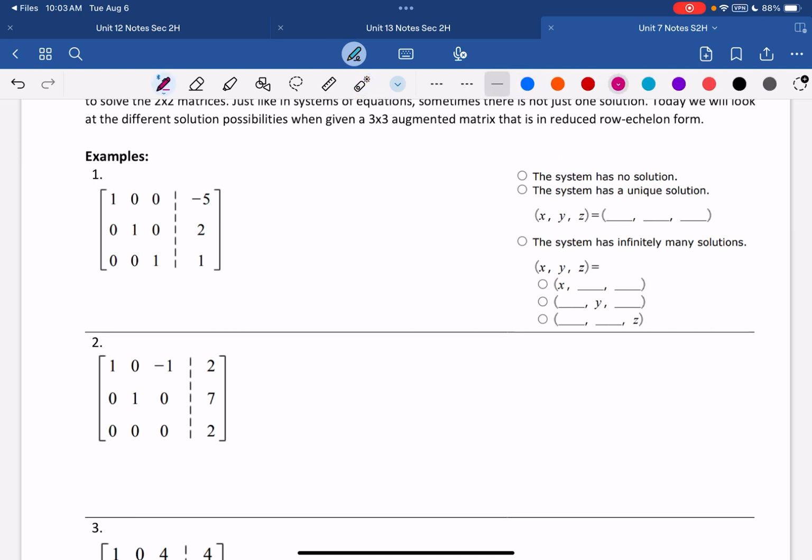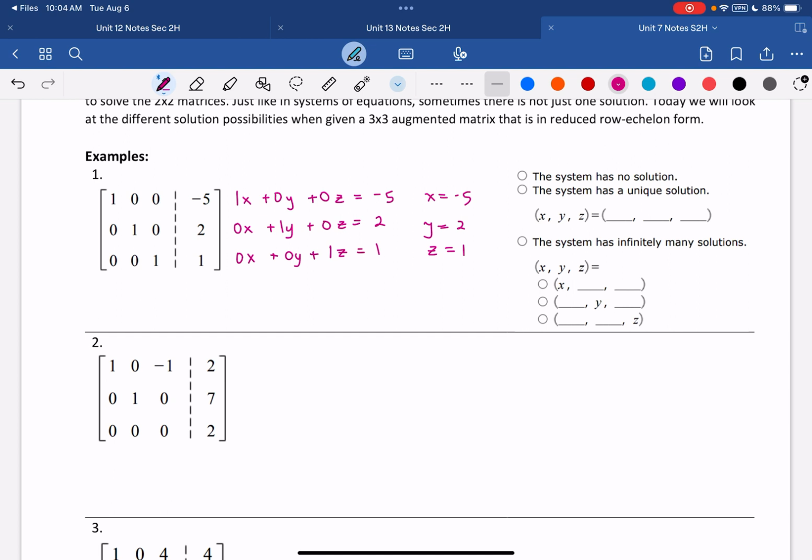So if we were to write this back out, this means 1x plus 0y plus 0z equals -5. The middle row would be 0x plus 1y plus 0z equals 2, and 0x plus 0y plus 1z equals 1. Or in other words, x equals -5, y equals 2, and z equals 1.